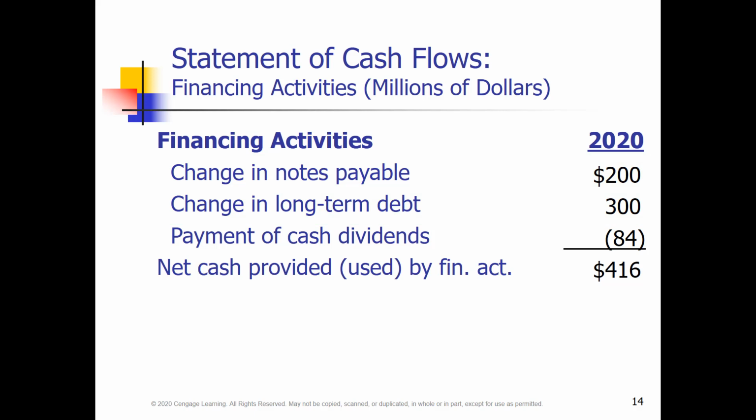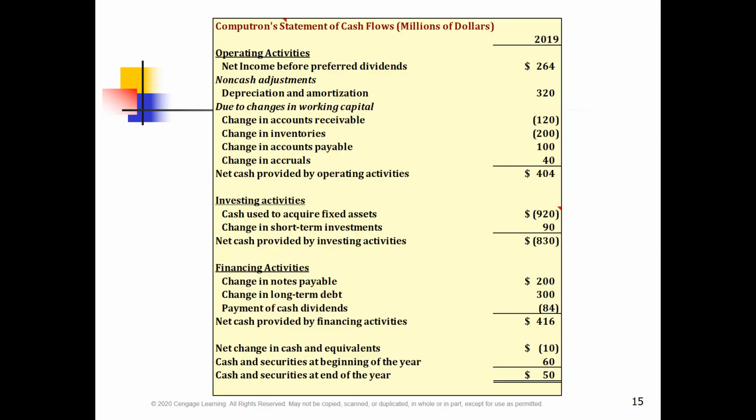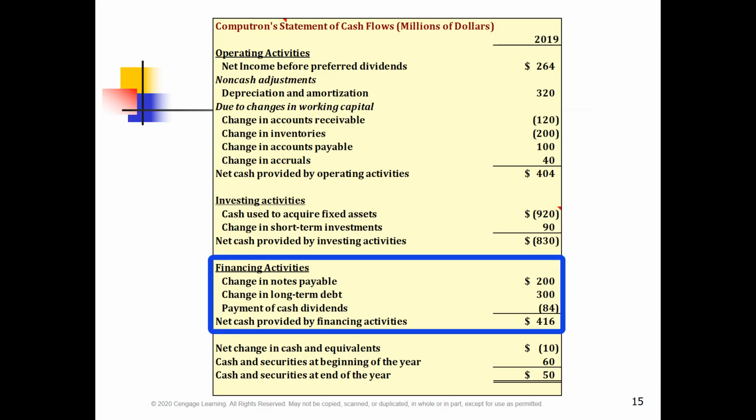Note that even though the firm's net income declined, they continued to pay a dividend to keep the shareholders relatively happy. Looking at the statement of cash flows all on one page, the large acquisition of fixed assets drove the negative investing number. The financing section details how these losses and acquisitions were funded, through new debt and some cash.